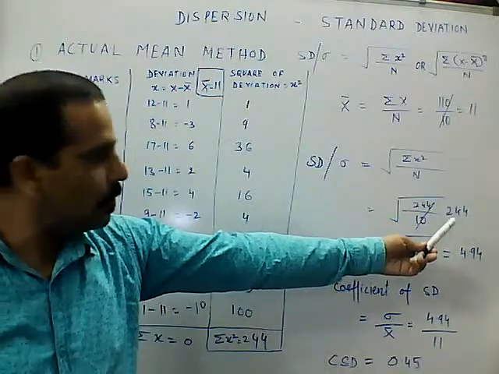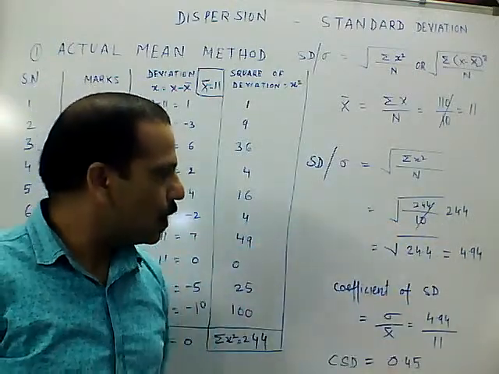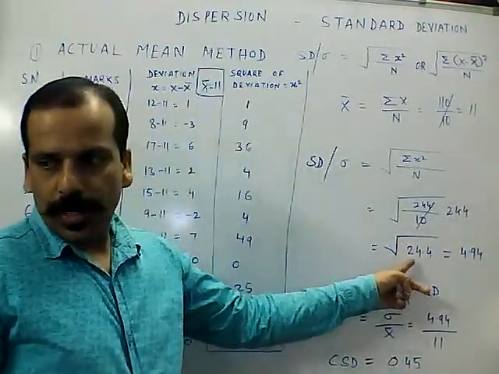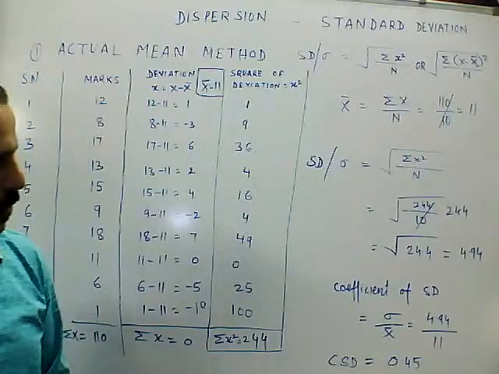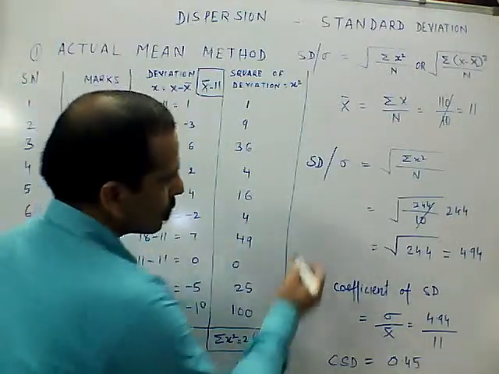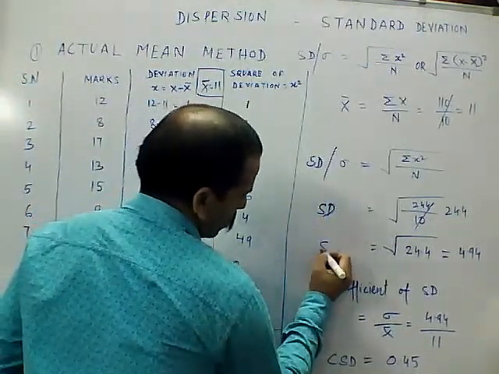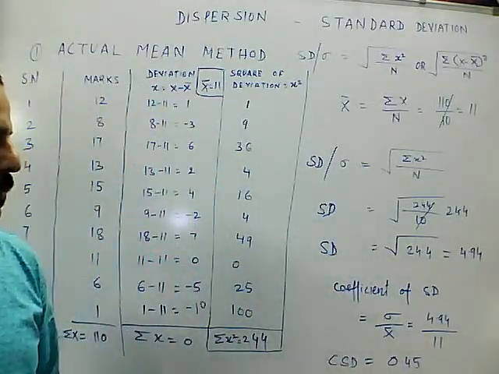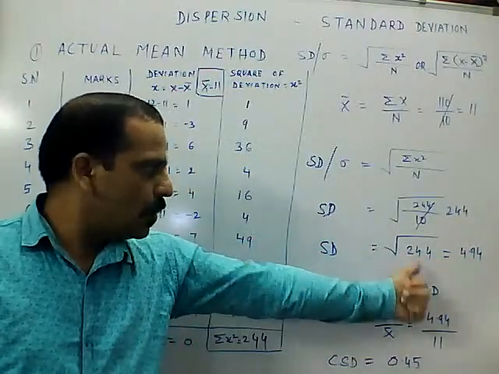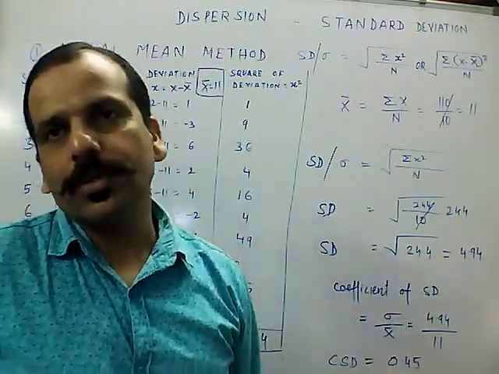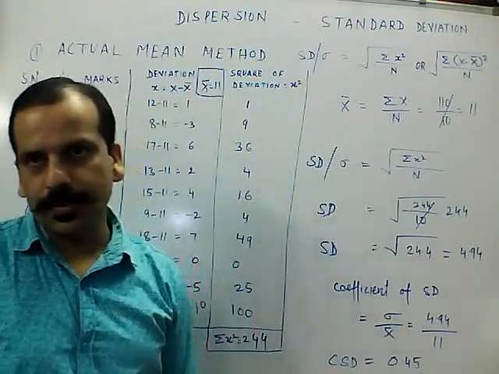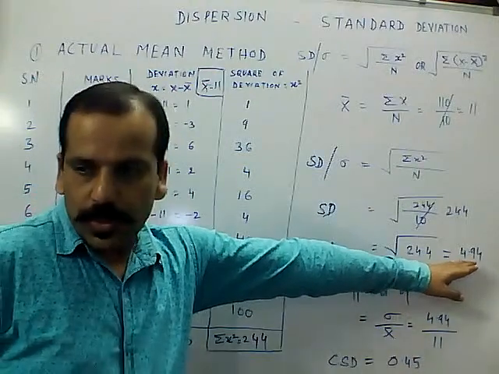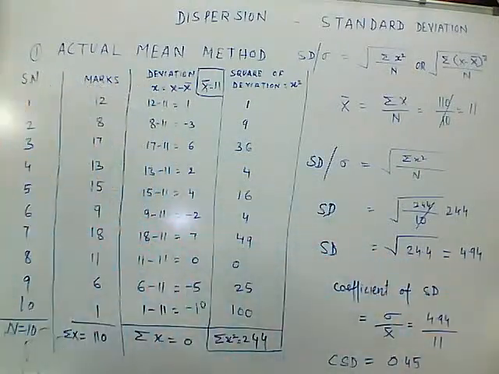So 244 divided by 10 is 24.4, under root 24.4. So the answer, standard deviation, is 4.94. See, 24.4 is around 25, and 5 5s are 25, and 4.94 is near to 5. So this way we can calculate the value of standard deviation.